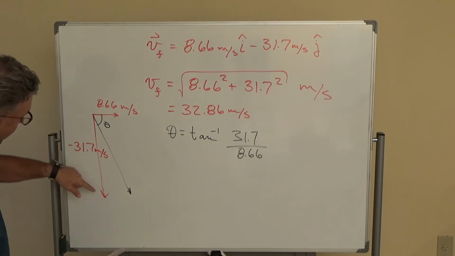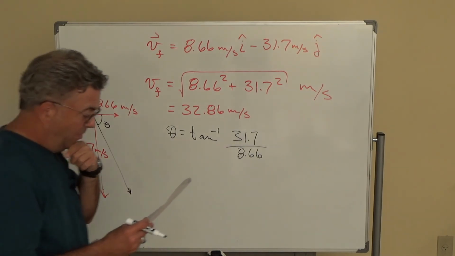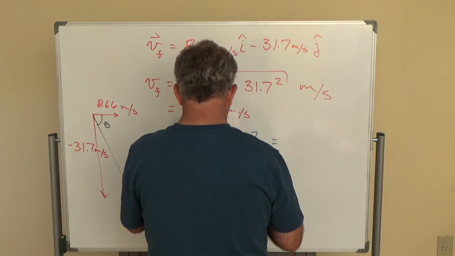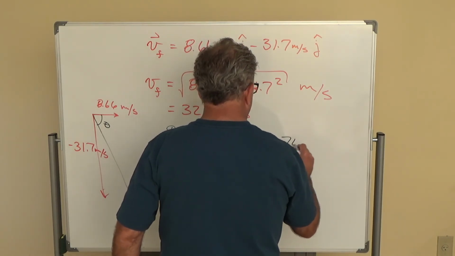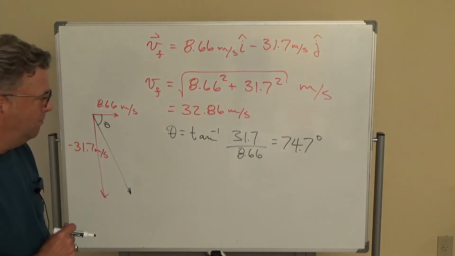Yeah. Then that would be opposite over adjacent for that angle. So this is equal to 74.7 degrees. Theta is equal to 74.7.